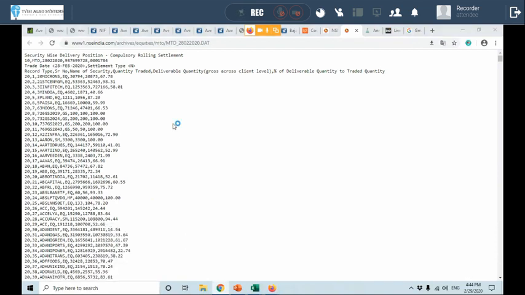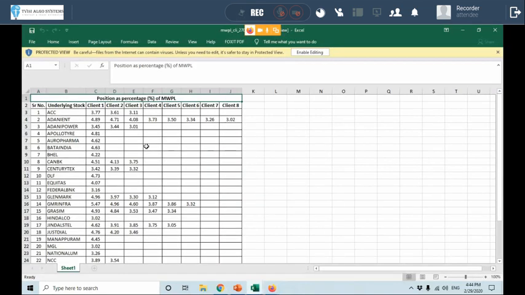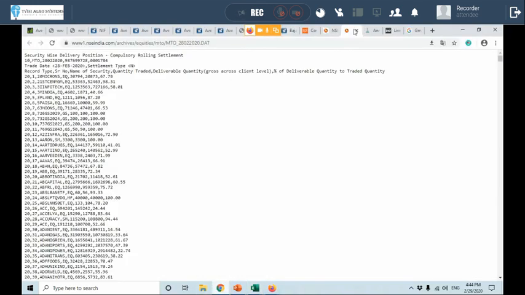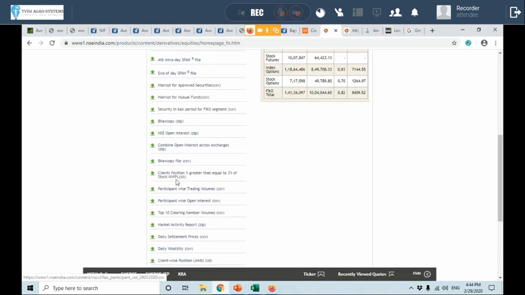Which is this one? Market wide, what is the name here? I'll give you the name: client position percentage greater than or equal to 3% of stock MWPL. Basically, client positions where they have more than 3% of open interest.